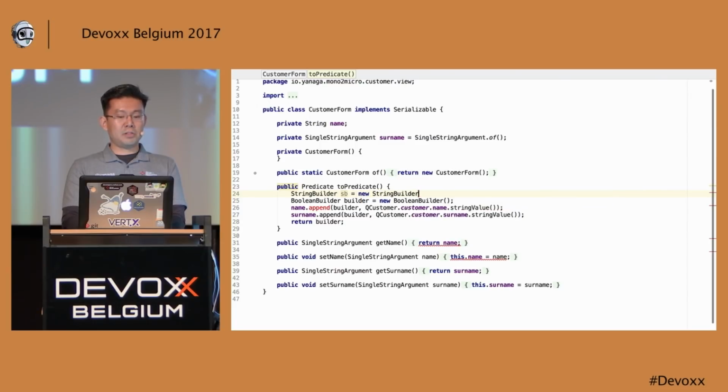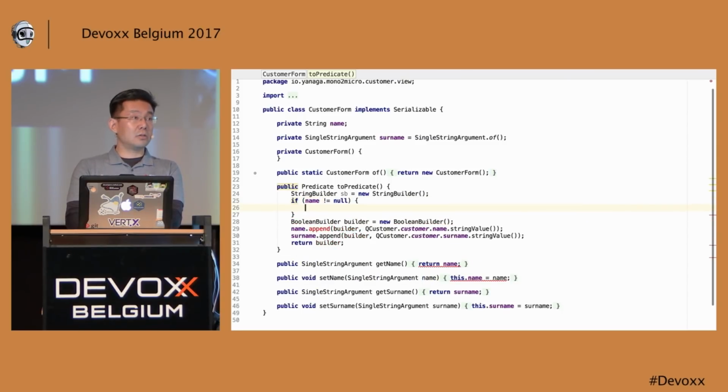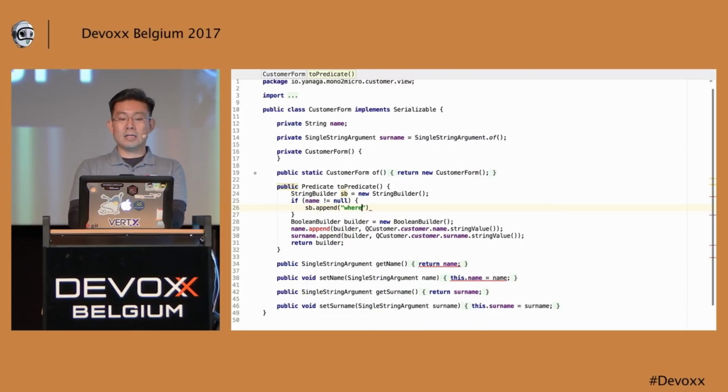And the traditional way for me to be creating these JPA queries would be: well, if name is not null, maybe I can then append a where, like, from customer c where c.name like, and I could be using something like that.